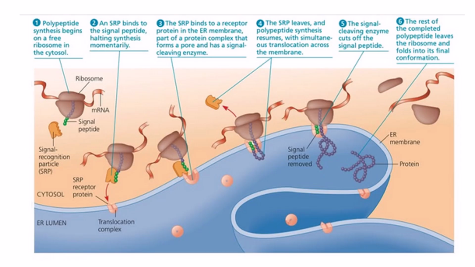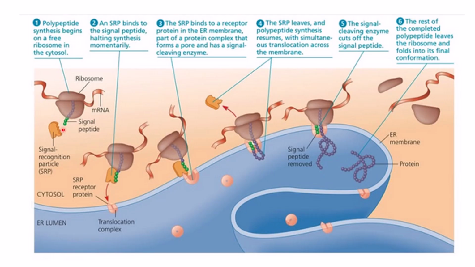So if you know the translocation of the protein into the endoplasmic reticulum lumen, you will be able to answer this question. So how does the protein enter into the endoplasmic reticulum lumen? In a normal cell, in vivo condition, the protein will be synthesized on the ribosomes in the cytoplasm.